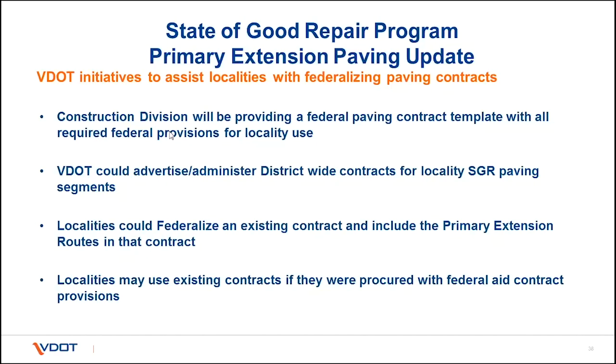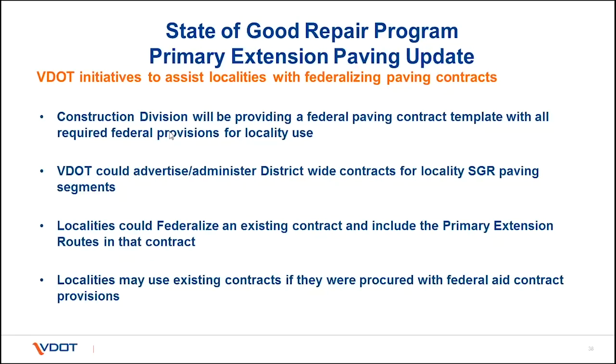If it was a district that had a large urban cross-section, then it may be just an on-call state of good repair, primary extension paving contract for us to utilize on y'all's behalf. And then the other option would be to package it with our existing maintenance schedule contracts that we do annually.